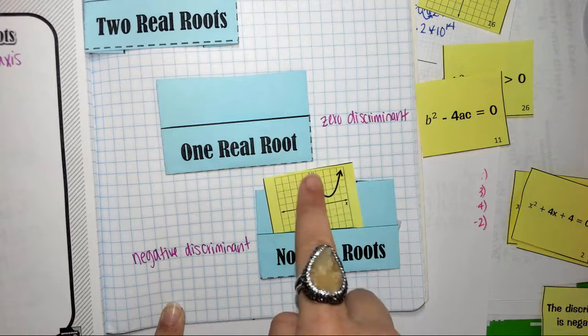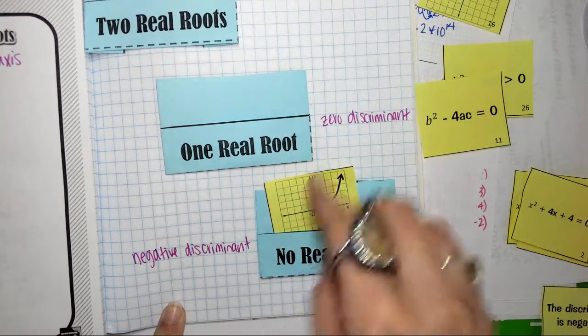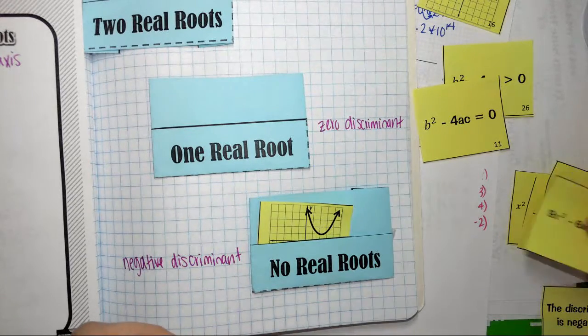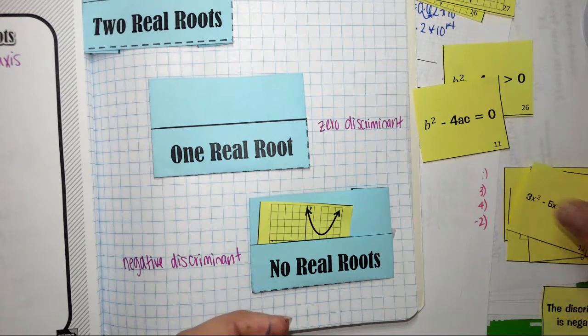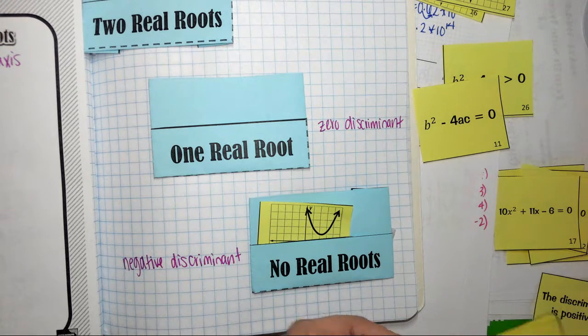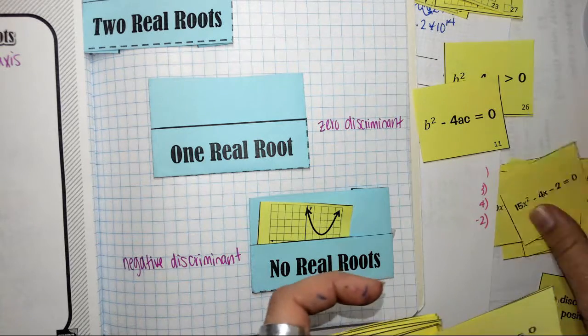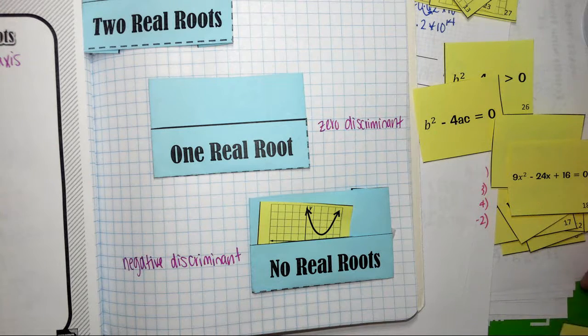So this, if we had the equation, it would have what kind of discriminant? A negative discriminant. So I would sort it by equations. I would sort it by graphs, and I would sort it by word descriptions. Now I need you to hustle on your cutting so that we can look at them together.